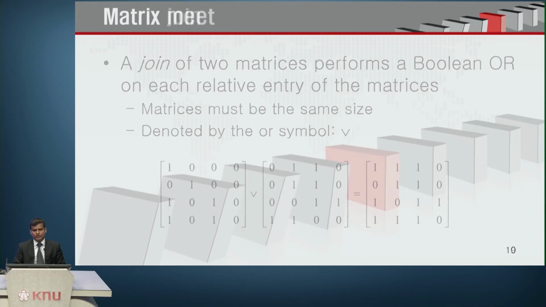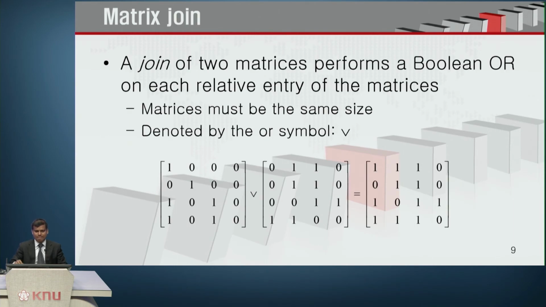When you do the OR operation, just take the elements individually. When you have 1 and 0, the output is going to be 1. And again, 0 and 1, your output is going to be 1. Likewise, you perform OR operations for every element, and finally you come up with this new matrix.